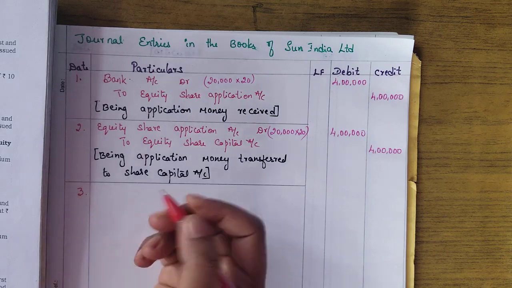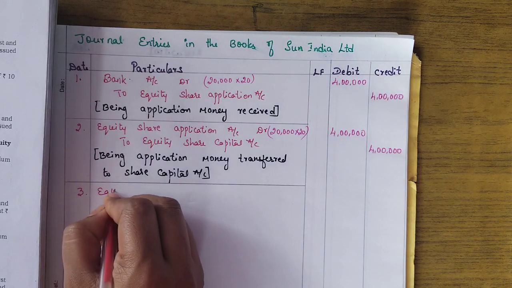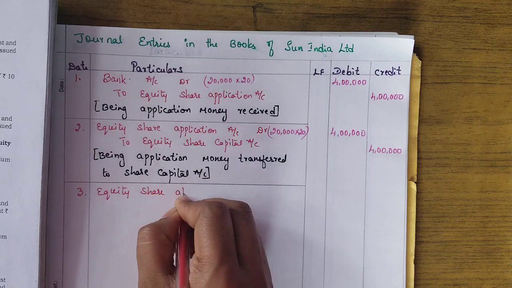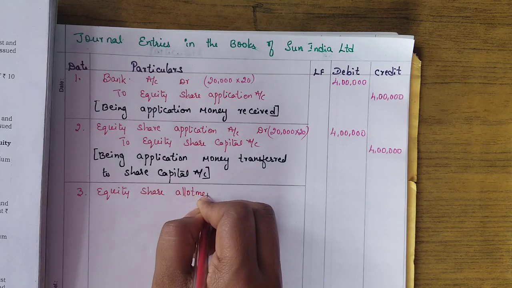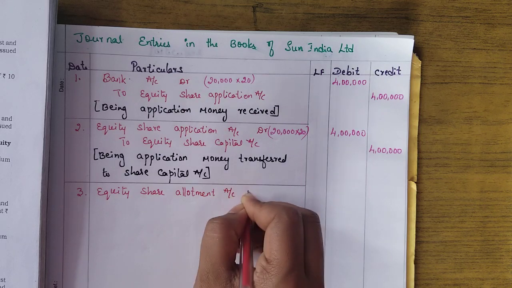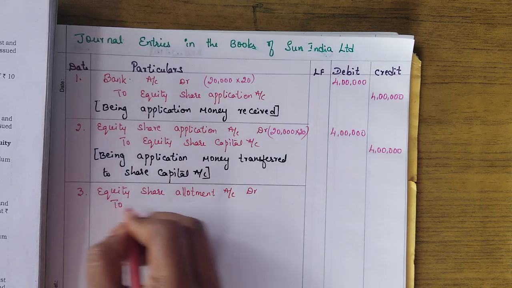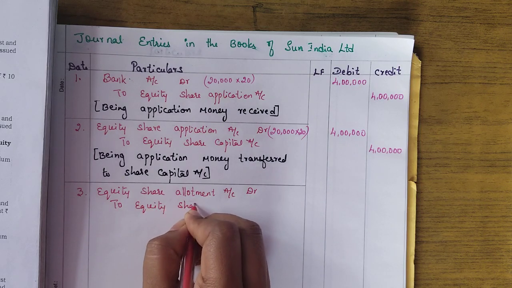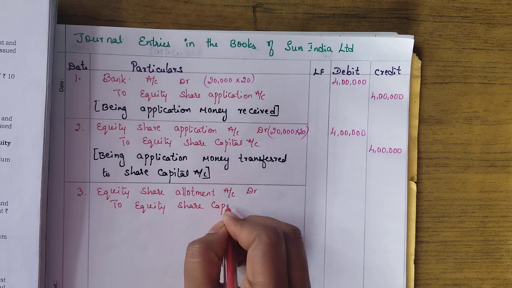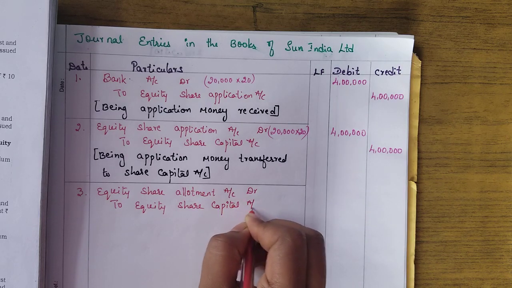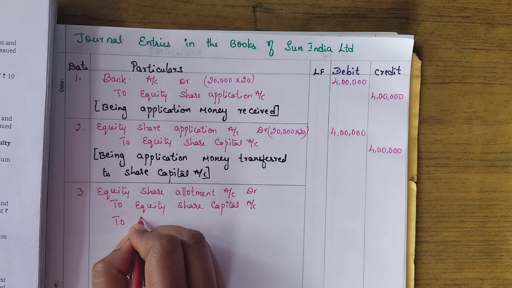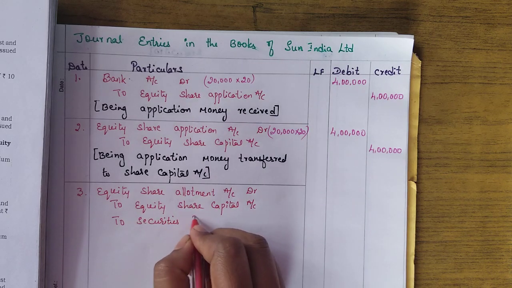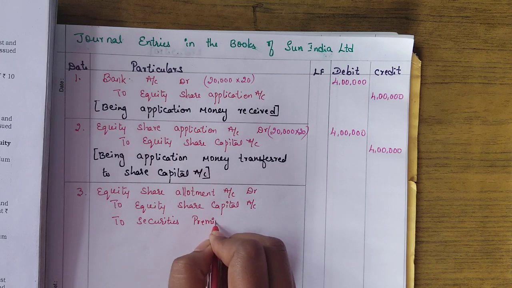The entry for this will be: equity share allotment account debit, to equity share capital account, to securities premium account.